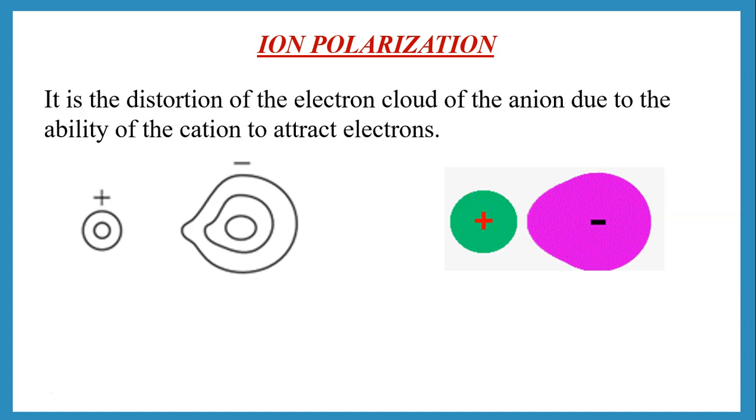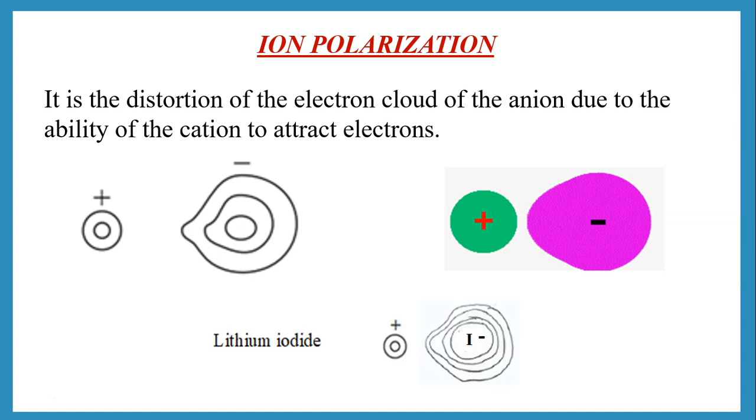So ion polarization is the distortion of the electron cloud of the negative ion, of the anion, due to the ability of the cation to attract electrons. So that positive ion is attracting the electron cloud towards it. So we say that the cation has polarizing ability, and the anion is being polarized.